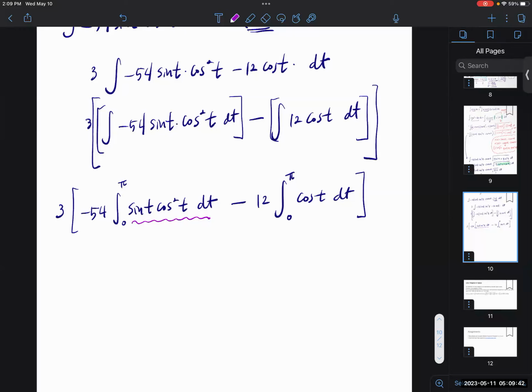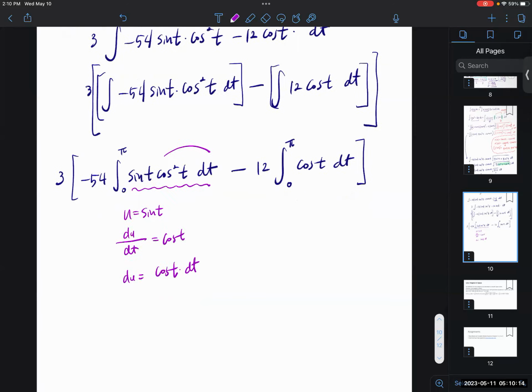Can we use a u substitution? Let's say u equals sine t. du over dt, what is the derivative of sine? It's a cosine, right? So du equals cosine t times dt.